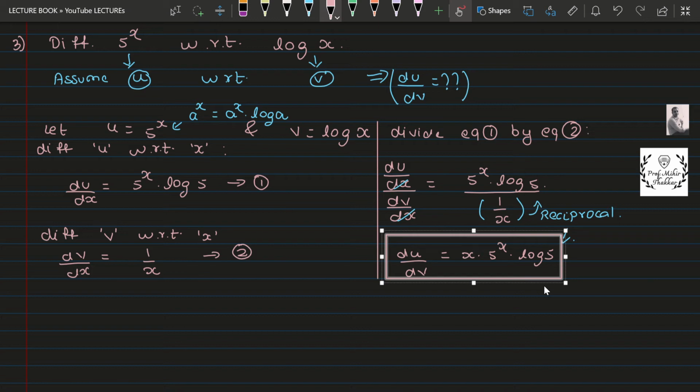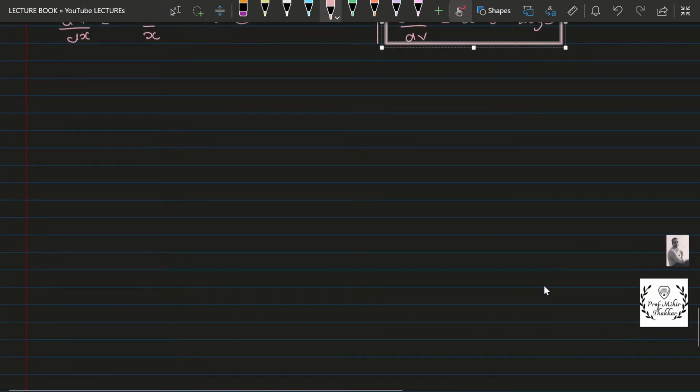Now let us see question number 3, the last question of this particular exercise, which is based on proving certain things. So let us understand how we will be proving those particular sums. Question 3, sum number 1.